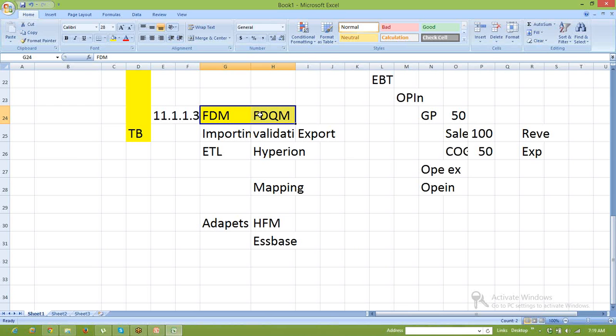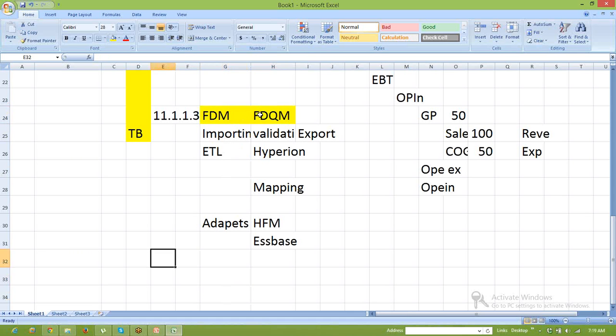Then we need to create the machine profiles, integration settings, and everything else for those adapters. These adapters are for the FDM application, not for HFM. It's a bridge connection between your FDM application and the HFM application.